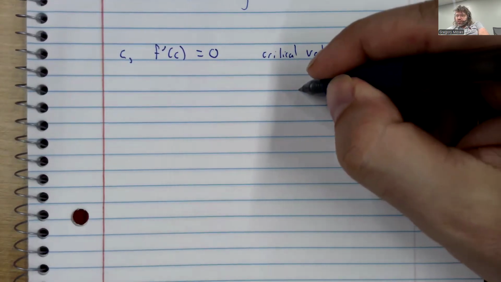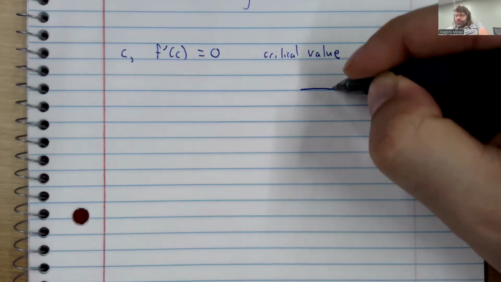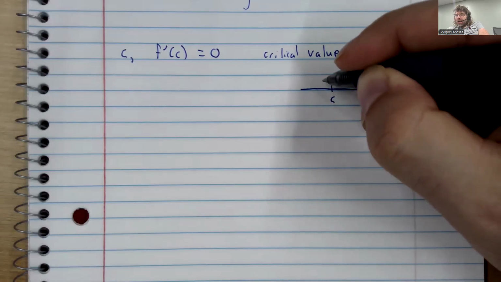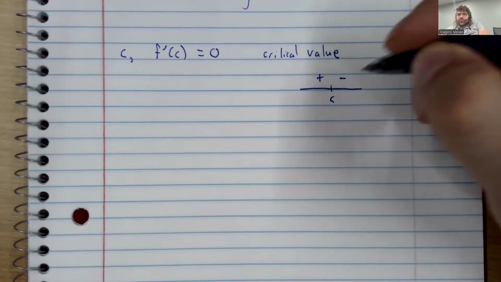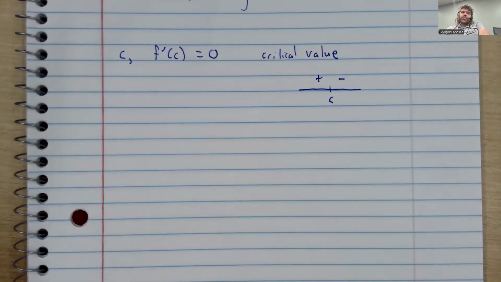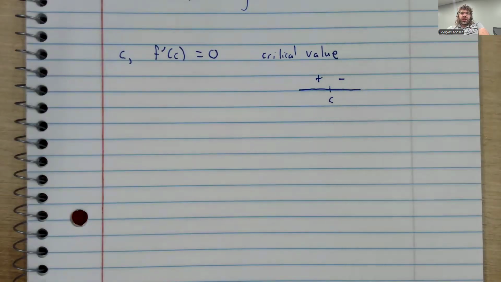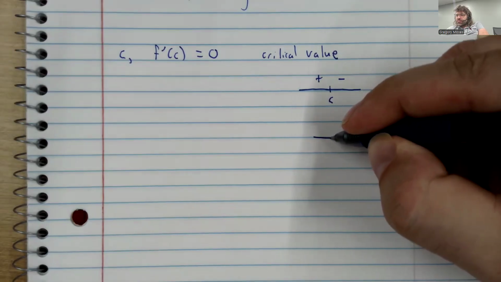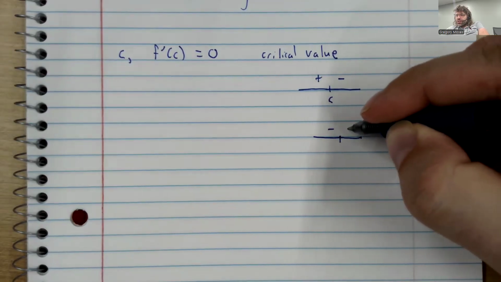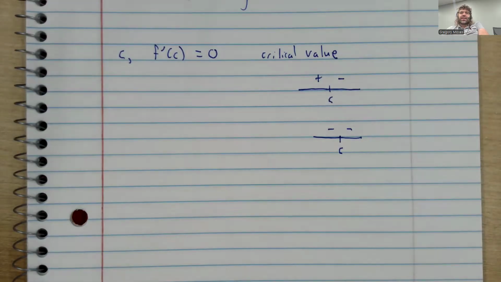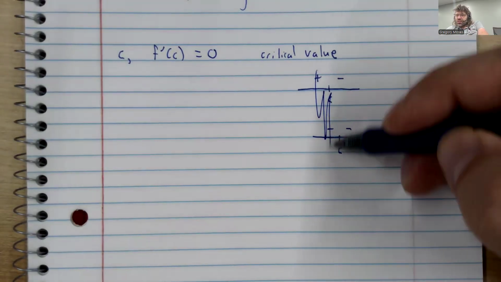The first derivative test involves creating a sign chart. And for example, if we go from positive to negative, then C is a local max. Whereas if we go from a negative to negative, C is nothing. That is to say, it's not a local max or a local min. So we can classify C.